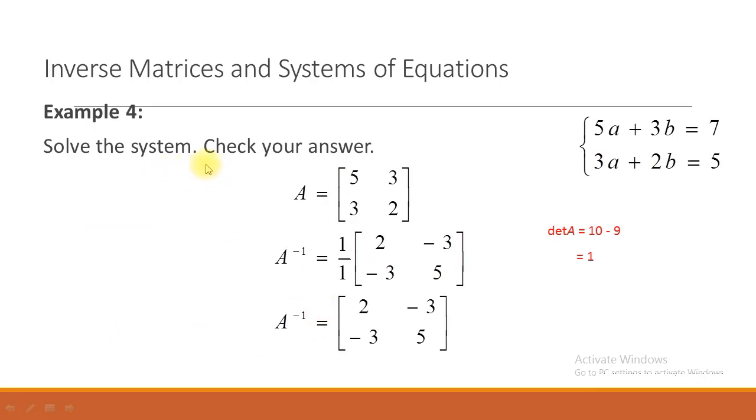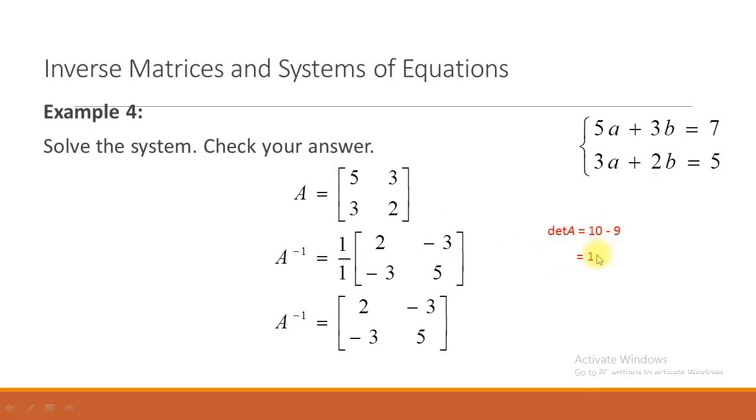Now let's find the solution of another system and check the result. This is example number 4. In this system we have the coefficient matrix [5 3; 3 2], and the determinant of this matrix is 2 times 5, which is 10, minus 3 times 3, which is 9.